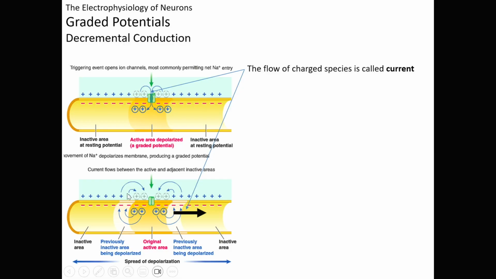And so again, these positive charges out here on the outside face of the membrane say, well, hey, now there's this negative region here around that channel. We're attracted to that negative charge, so as they show with the arrows here, they shift over to make this area more positive.